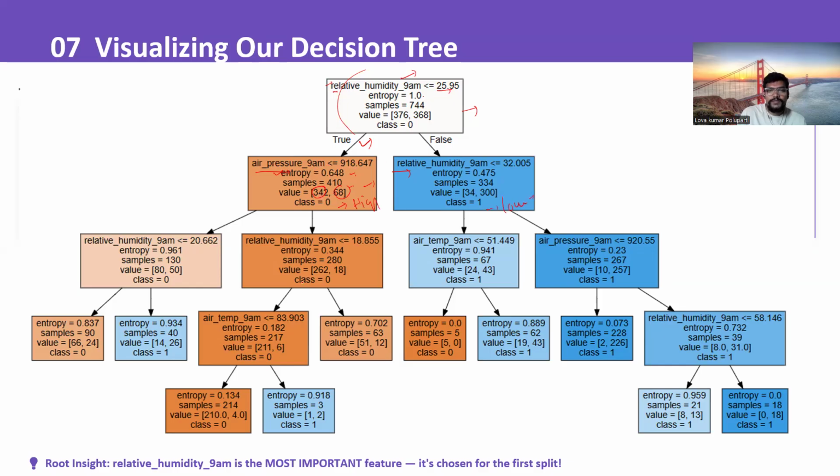So this is the way the complete splitting happens, and at the end point, these are the leaf nodes. These all have further splittings, these are the decision nodes. So we are considering entropy every time.